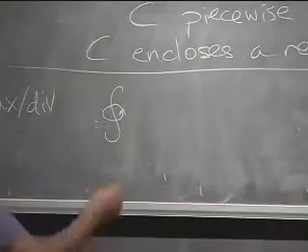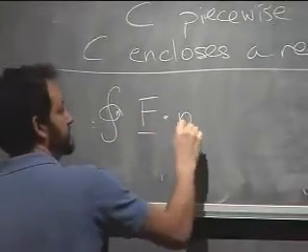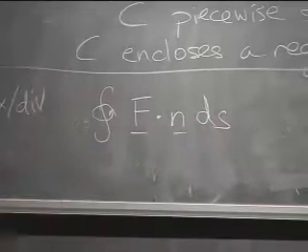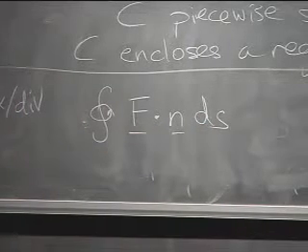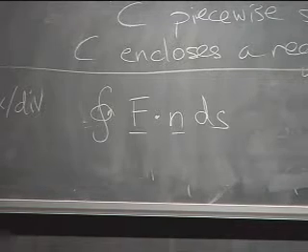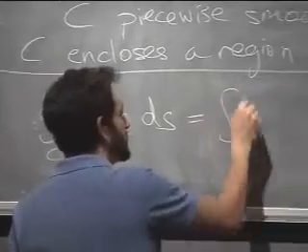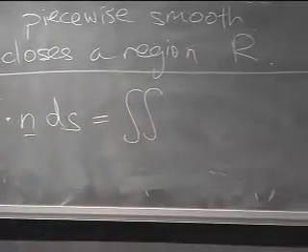So if you consider the flux integral of a vector field F, and we looked at this integral right at the beginning. I showed you exactly how to compute that, in fact, in a specific case. Around C, this is equal to the double integral of the divergence.